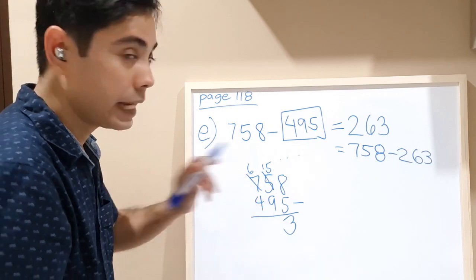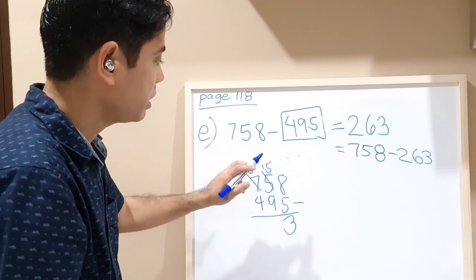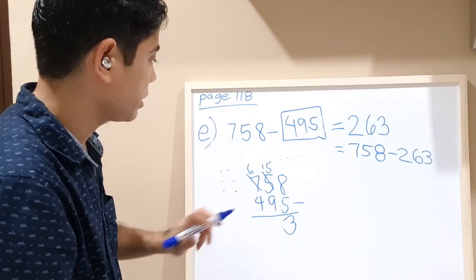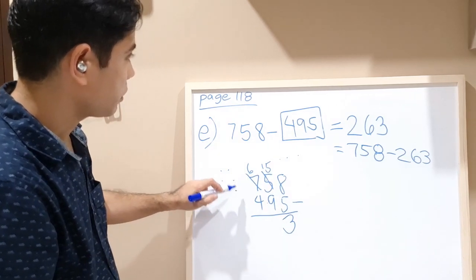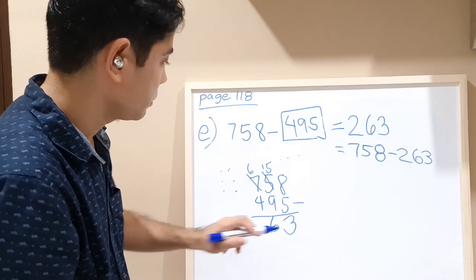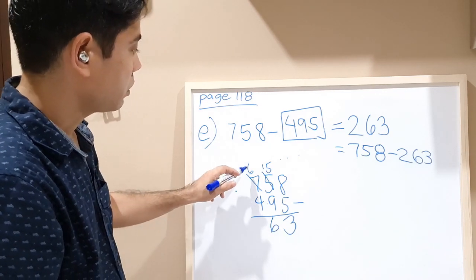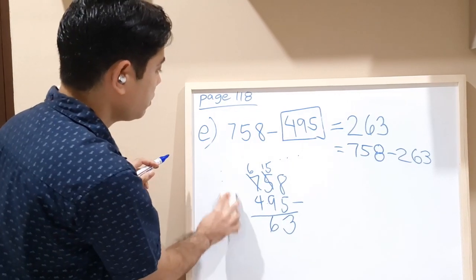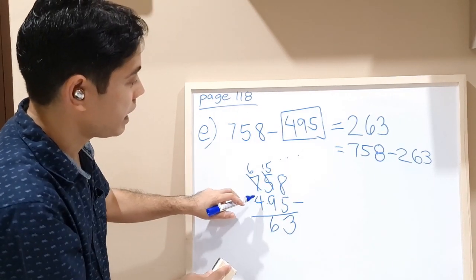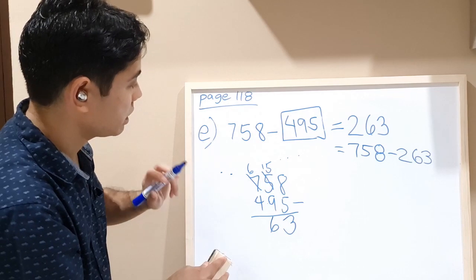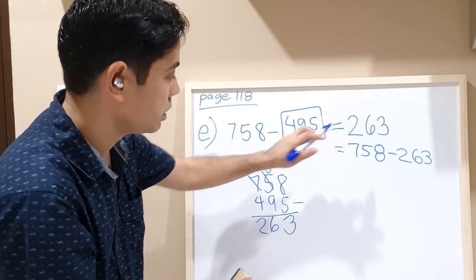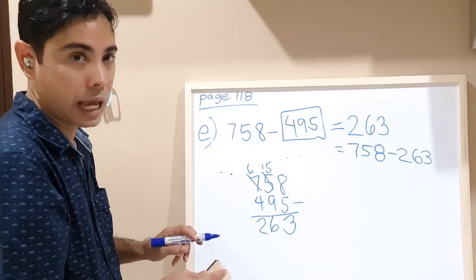Now, 9 in your mind. 9, 10, 11, 12, 13, 14, 15. 1, 2, 3, 4, 5, 6. 6. Now, 6, take away 4, will give you 4 in your mind. 4, 5, 6. 1, 2. 263. So, it's the same.